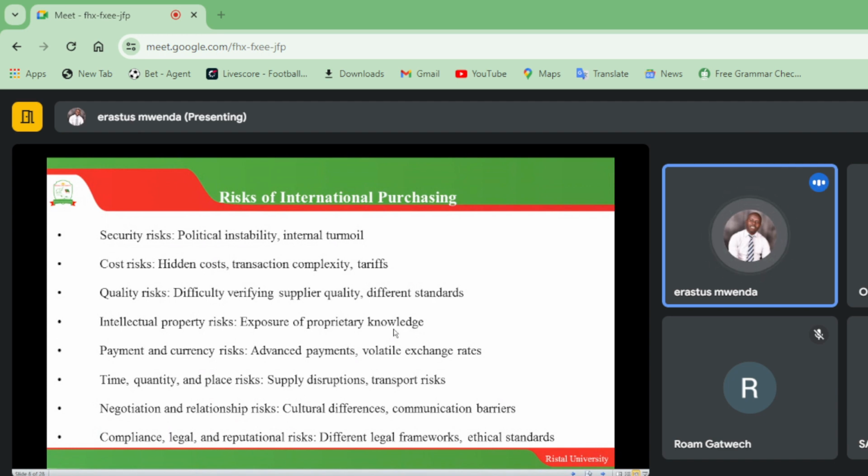The other kind of risk of international purchasing is payment and currency issues. I've talked about payment. Now we are having conversations around currency issues. I think I also mentioned them in the previous lecture in relation to currency fluctuations, like the relationship between the dollar and the local currencies of different countries in Africa is changing.